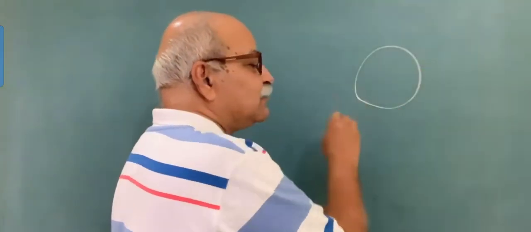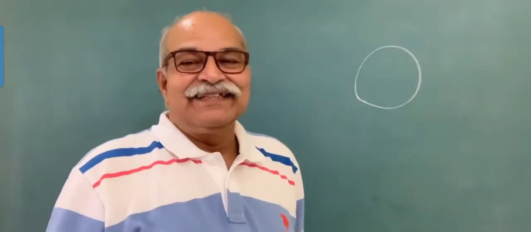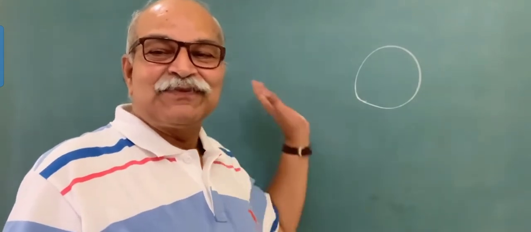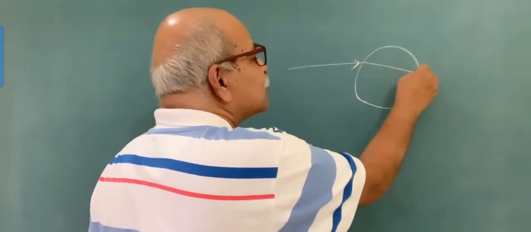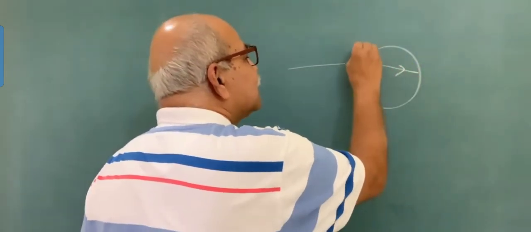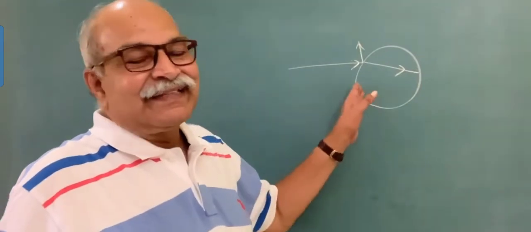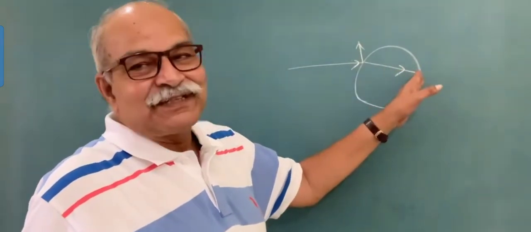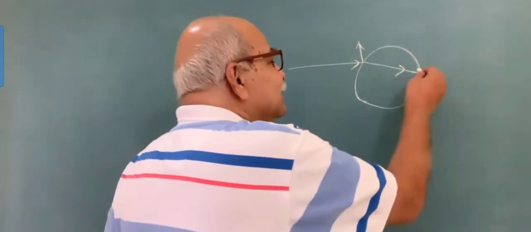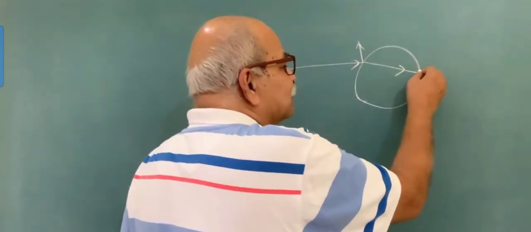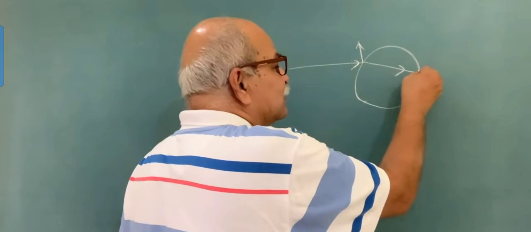You have a water droplet, and sunlight comes from somewhere, and then it refracts and partially reflects, and then it falls on the other side of this drop, and here again you have some kind of transmission and some kind of reflection.